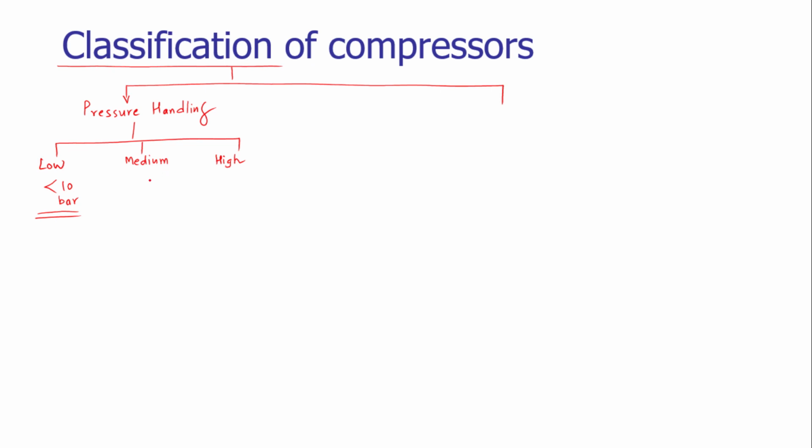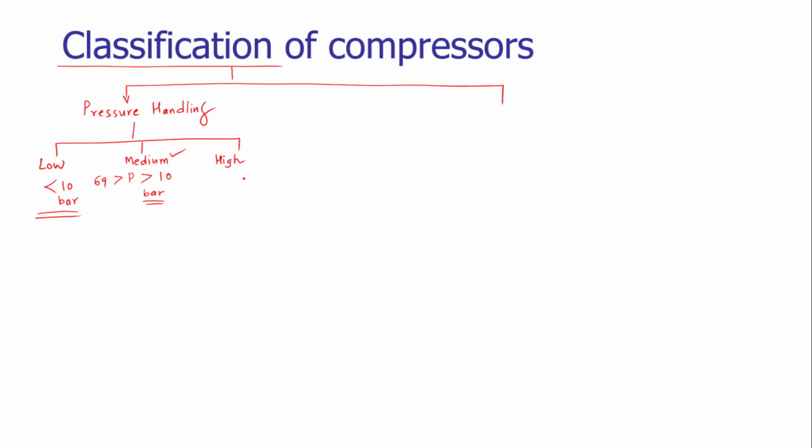When the pressure is between 10 bar and 69 bar, more than 10 bar but less than 69 bar, that is called a medium type of compressor.